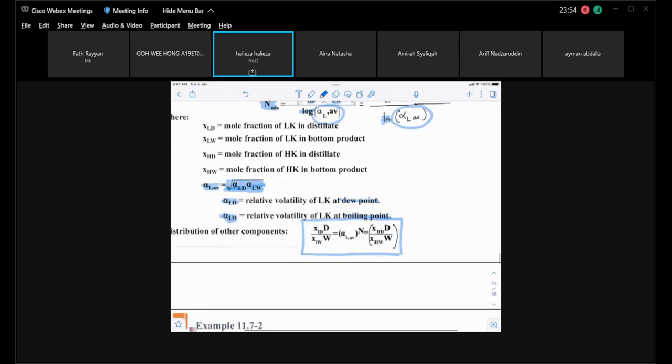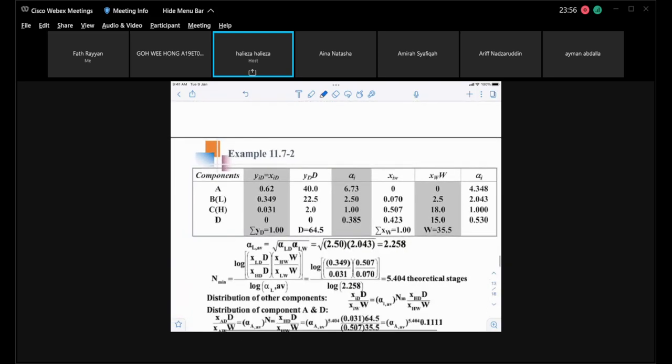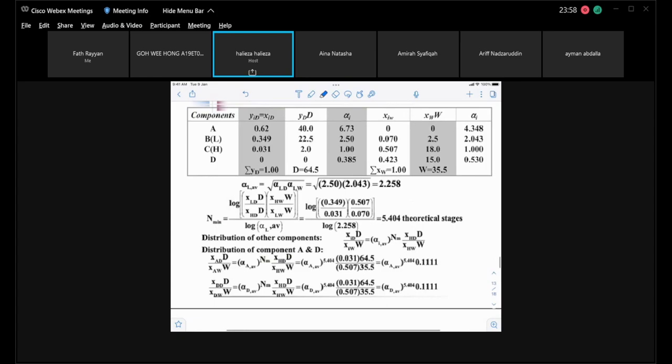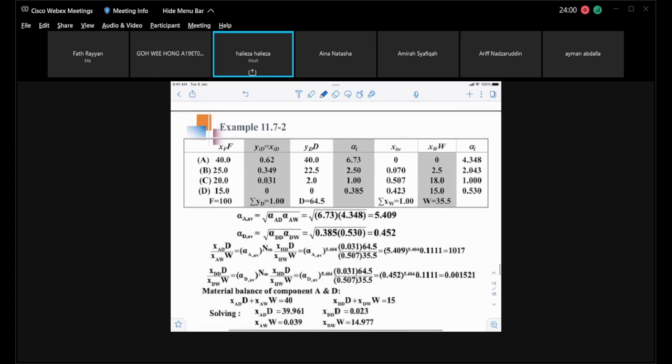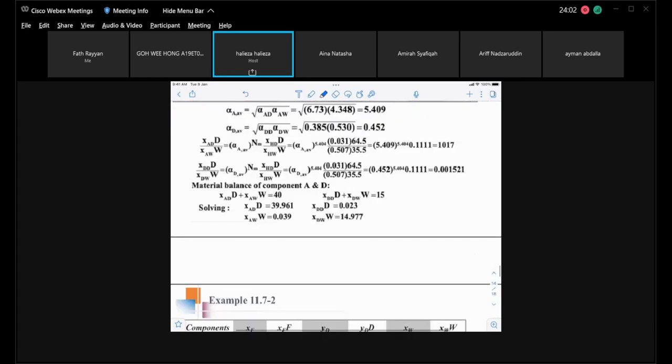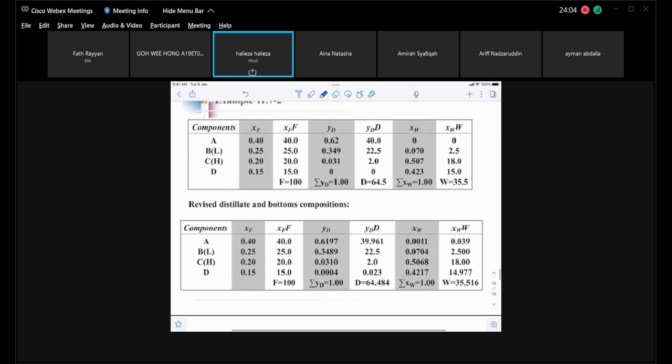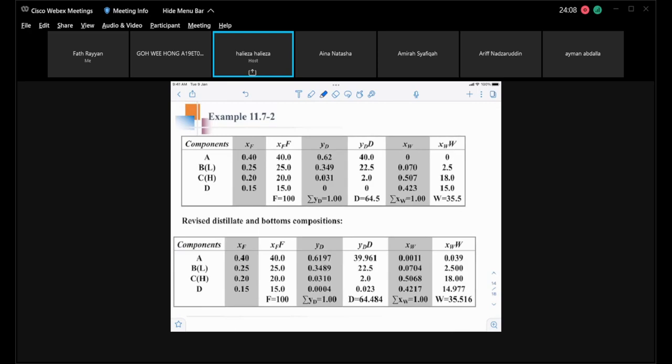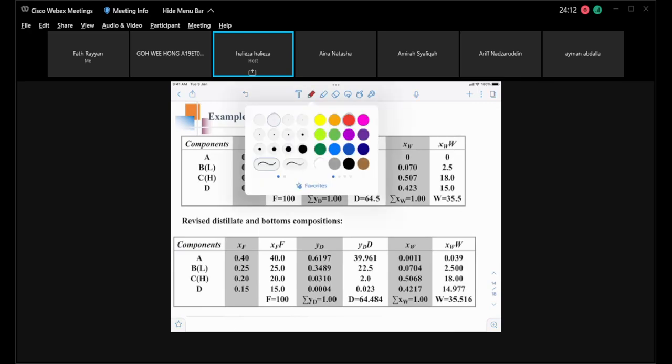Yeah. And now we will continue with the rest of the example. And now let's show what we have got last week. This was our assumed composition, the top table.